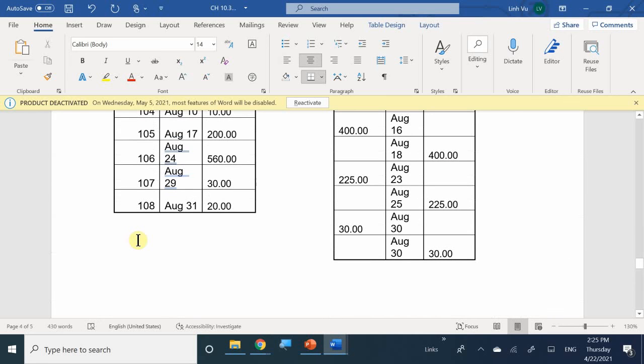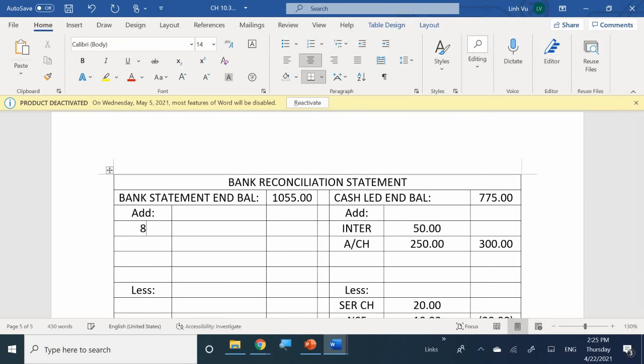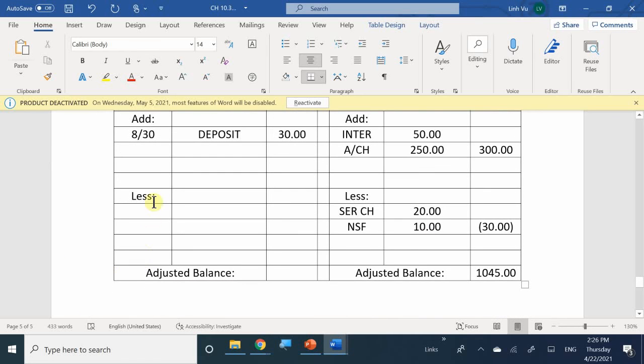So in this case, it's just the date. So August 30th, right? I had a deposit for $30. In this case, I only have one, so you could just go straight ahead and move it over here. And I'm going to make sure I recognize this is deposit for $30. Okay. Now, what's the next thing I have to do?